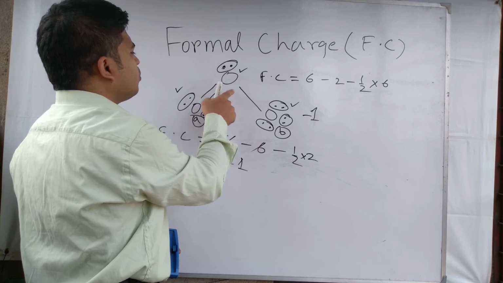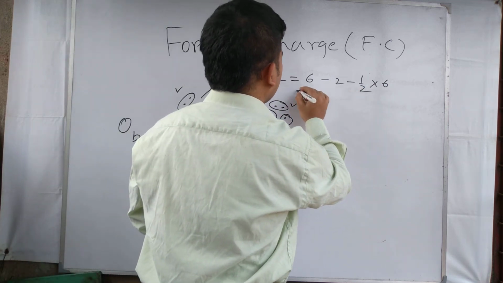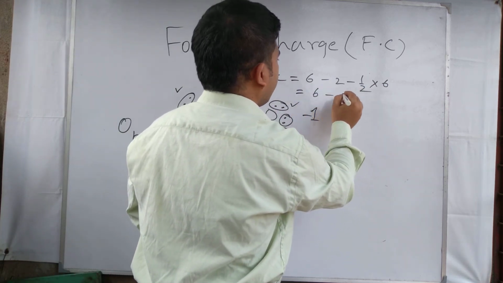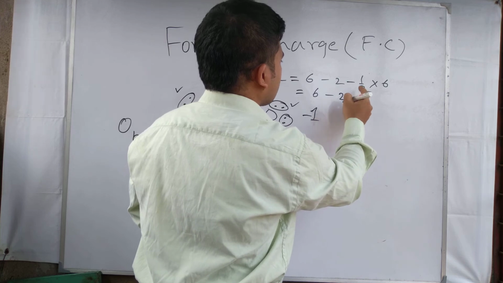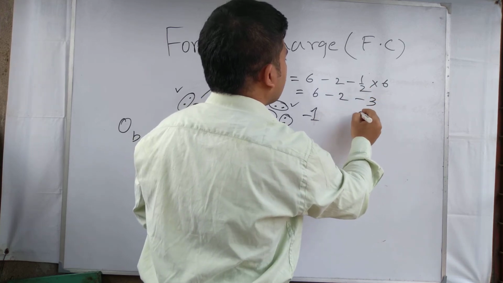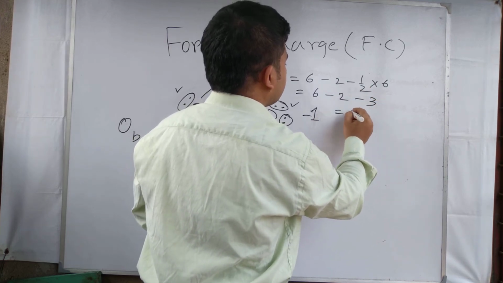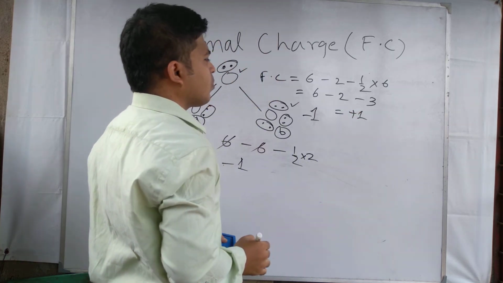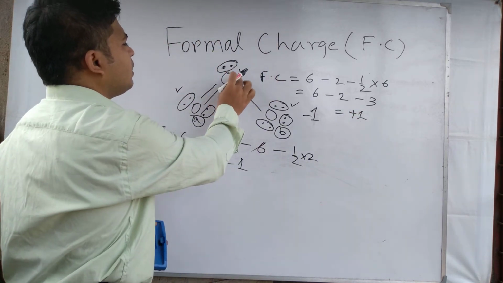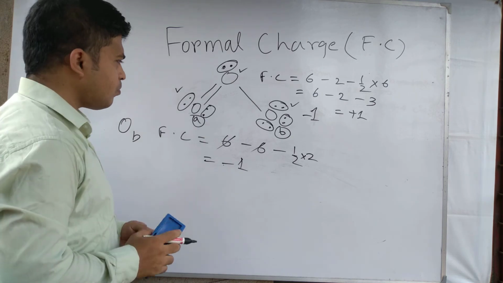So 6 minus 2, and here it is 3, so it is plus 1. Plus 1 is the formal charge for this oxygen atom.